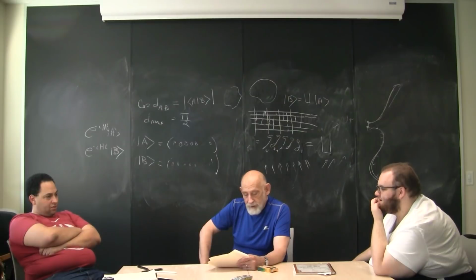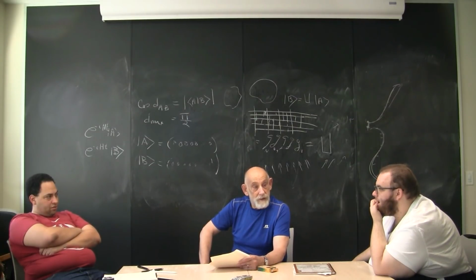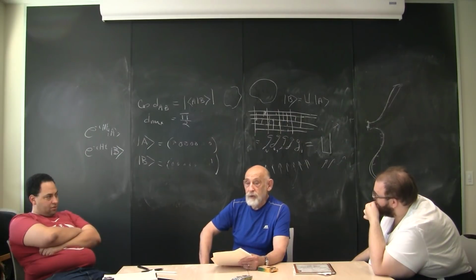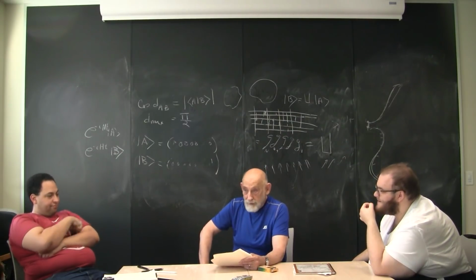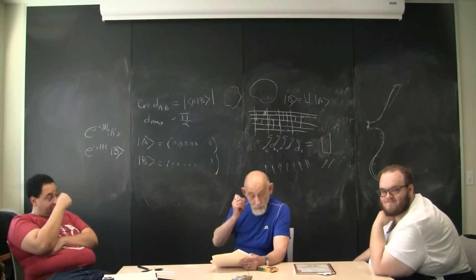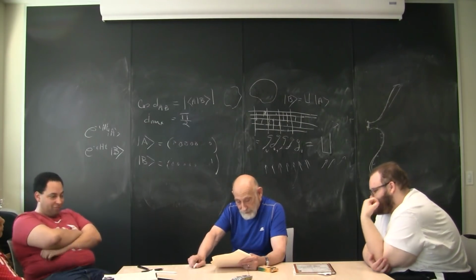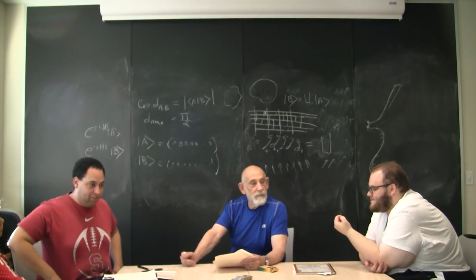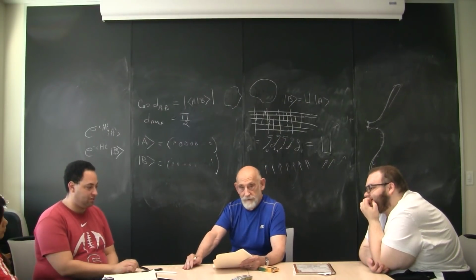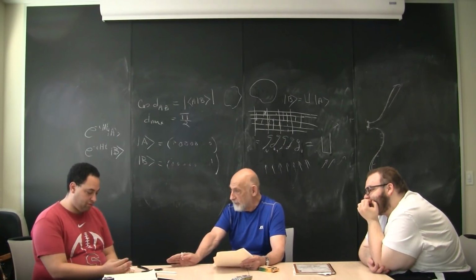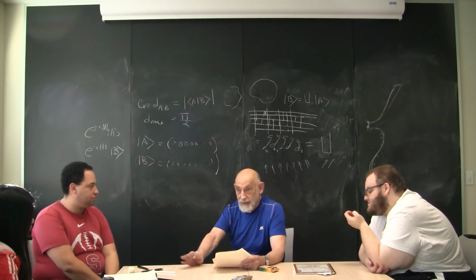Definition of a metric. Well, the first criterion is the distance should always be greater than or equal to 0. We're not talking now about Minkowski metric, we're talking about a properly defined metric. The relative complexity of any 2 states is always greater than or equal to 0. There's no such thing as a negative complexity.